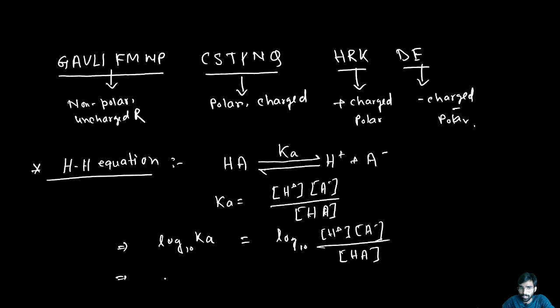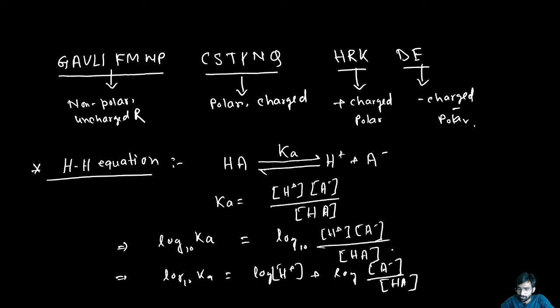From here what you will get: log Ka equals log H plus plus log A minus by HA. This is the basic logarithmic rule.